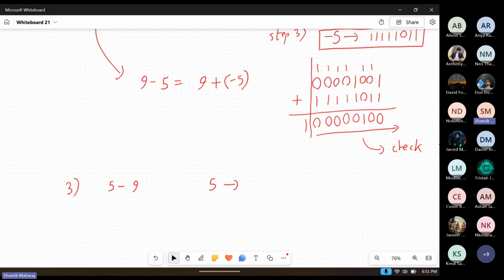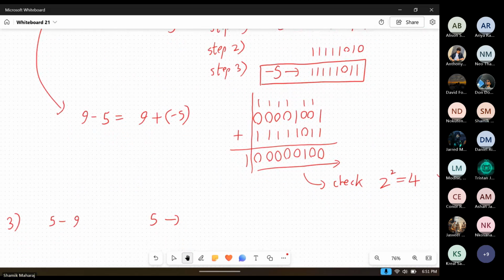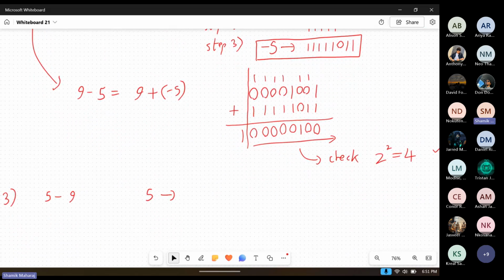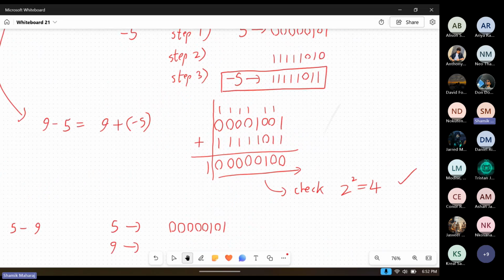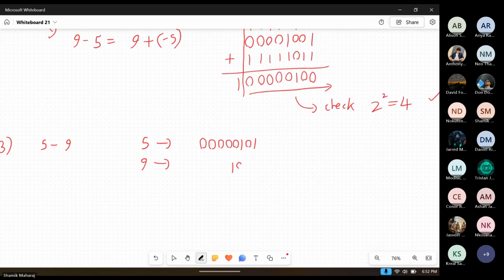We have a 5 somewhere: it's 101, so 0, 0, 0, 0, 0, 1, 0, 1. We don't need a 9 immediately, but let's keep stock because we're probably going to need it at some point. 9 is 1001.